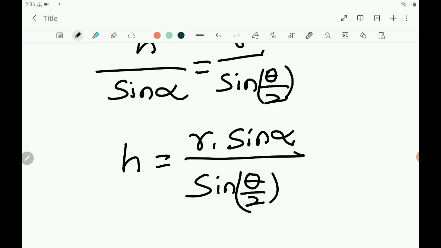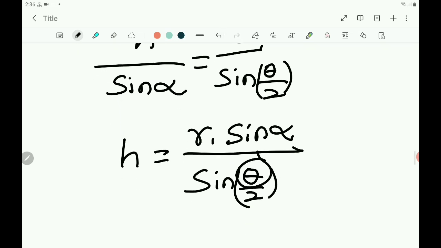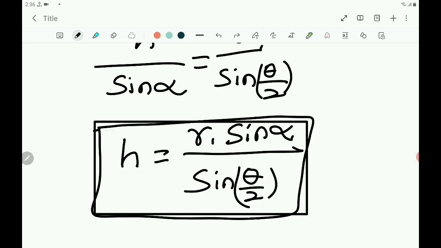This is the relation for H. Here R, alpha and theta are given only as symbols, so this becomes the final answer for the question.